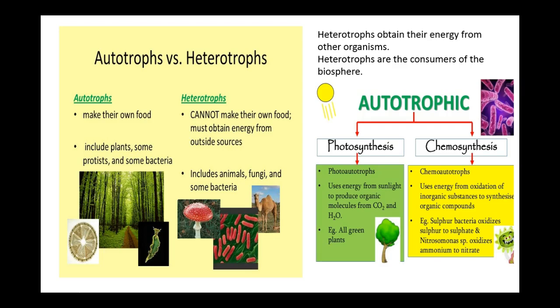And chemoautotrophs use energy from oxidation of inorganic substances to synthesize organic compounds. And sometimes this is not as common. You have sulfur oxidizing bacteria, and then also certain things that can oxidize ammonia to nitrates. So you have other types.